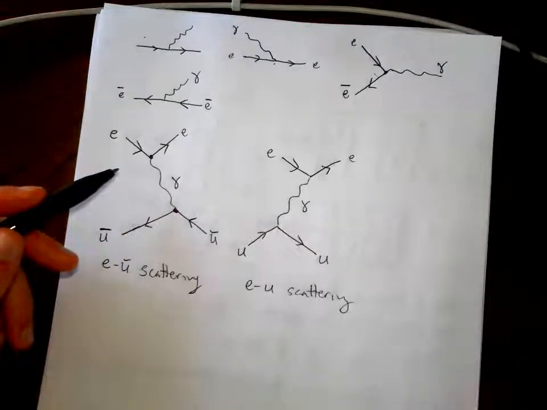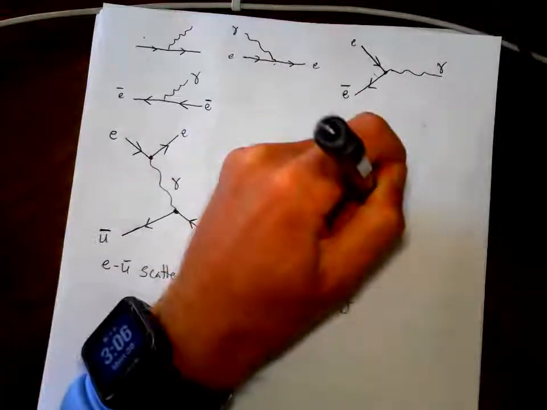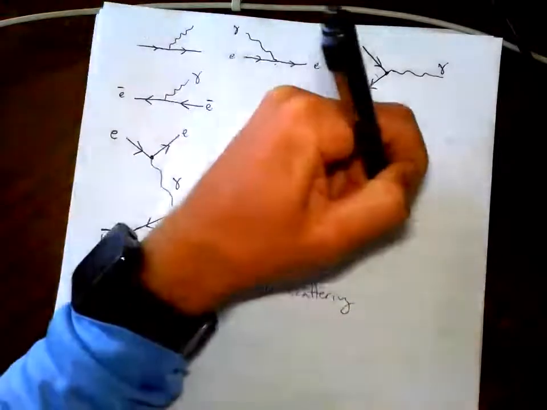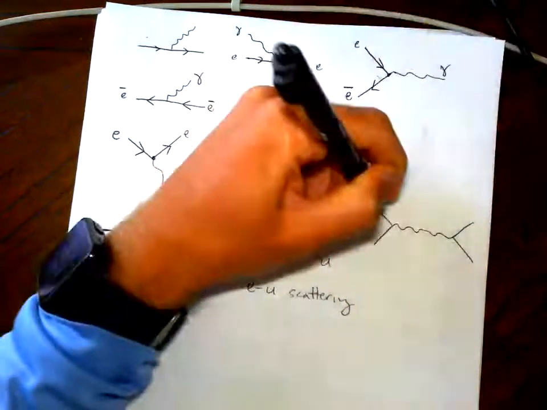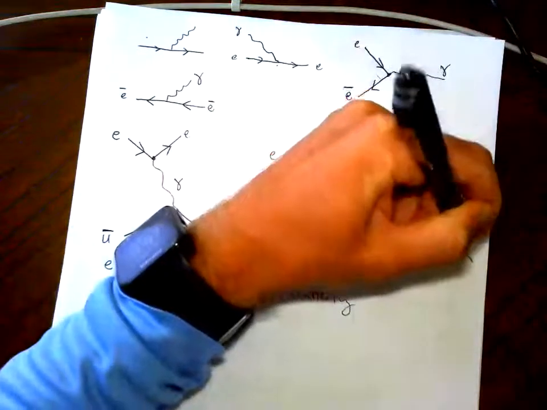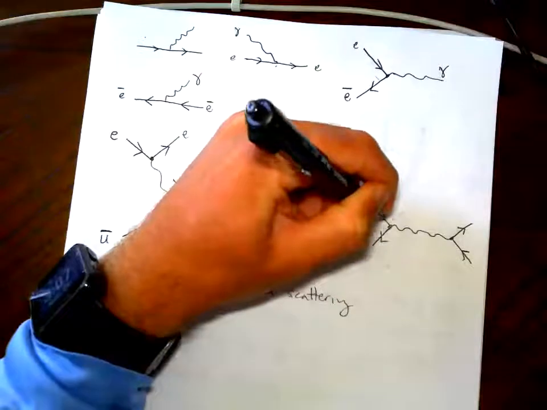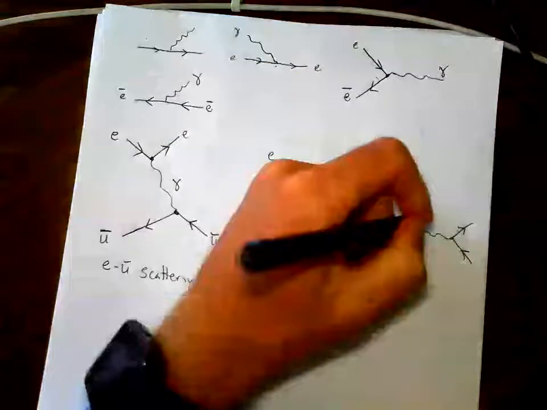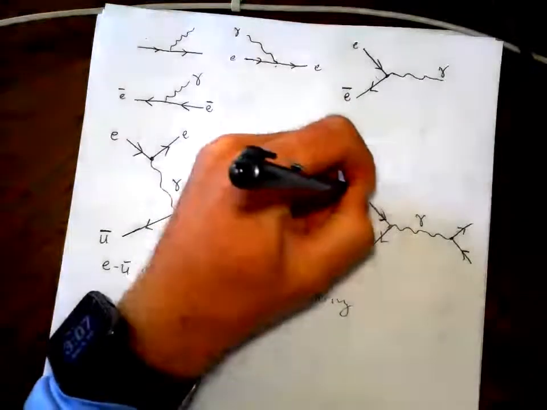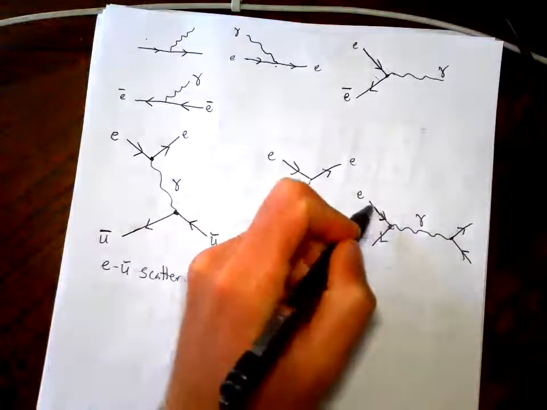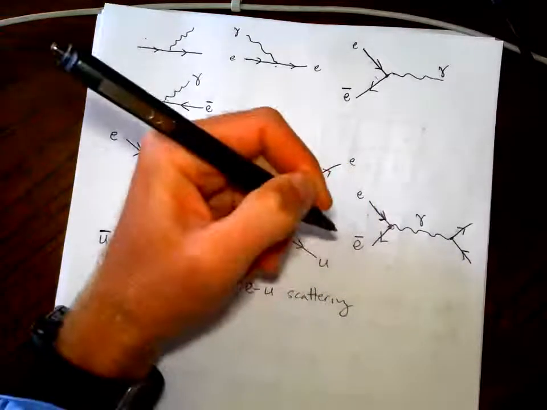So I'm going to draw some other ones that are more interesting. Maybe I'll draw a Feynman diagram that looks like this. Okay. So here's a photon. Let's make this an electron. Notice how each vertex here, again, has one arrow in, one arrow out, and a force carrier. So then this would be an anti-electron.